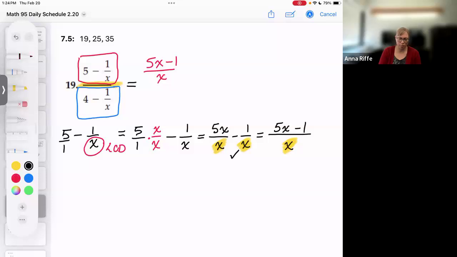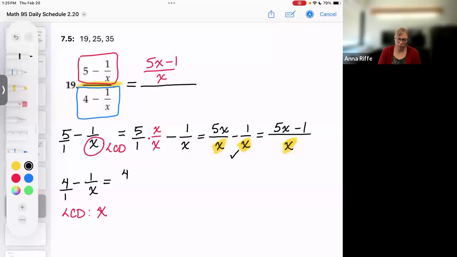Great, that's the top. We just simplified the top. Let's work on the bottom. 4 minus 1 over x. We can again note that the denominator of the 4 is 1. If one of the two terms, I should say, has a denominator of 1, then I can use as my least common denominator the non-1 denominator.